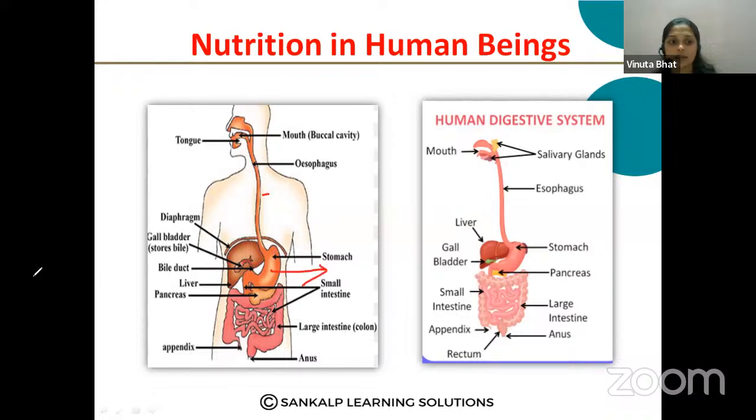Okay, so this is the stomach. In the stomach, further digestion of the food takes place. Okay, so the walls of the stomach contain glands. They are called gastric glands.